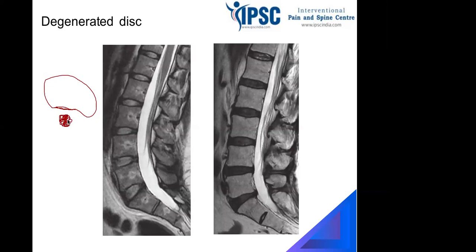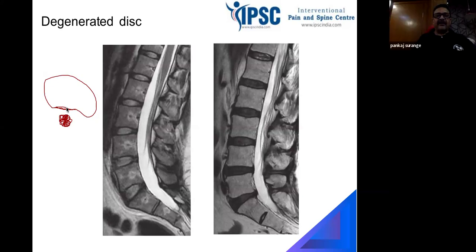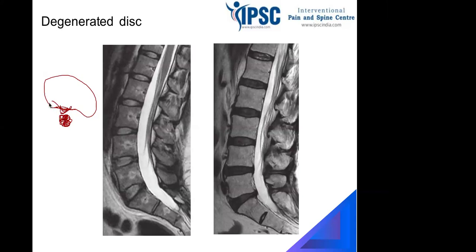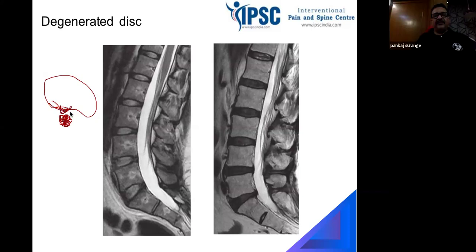Why does this happen? If the fragment is still within, it will not allow the annulus to retract. But if it has come out and is lying outside, at times the annulus will retract and seal that tear.